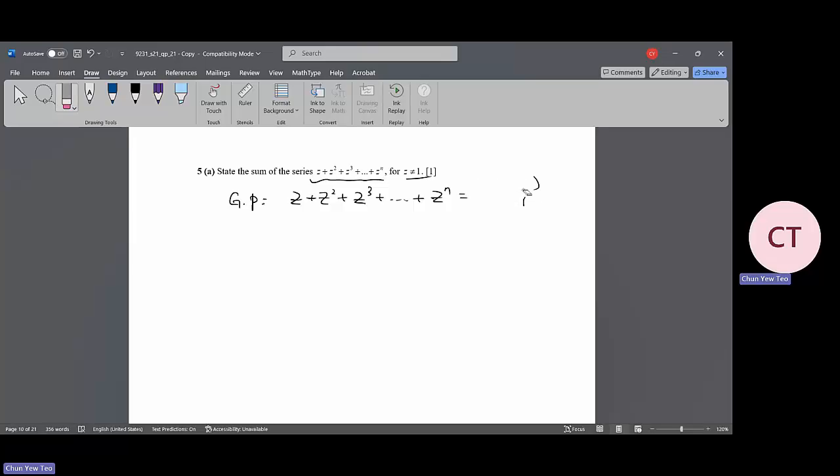Your first term is z, your common ratio is also z. So z times z to the power n minus 1 over z minus 1. So this is the answer. Done. Of course, you can choose to expand the numerator, but that is up to you. So that is the answer for number 5A.